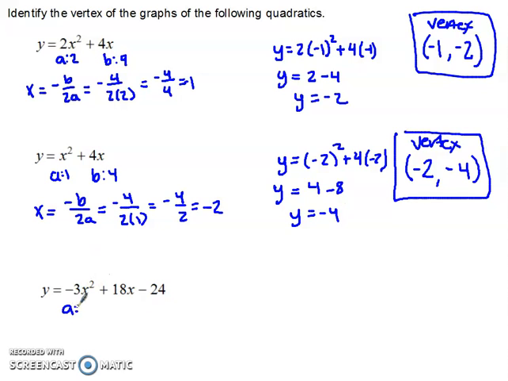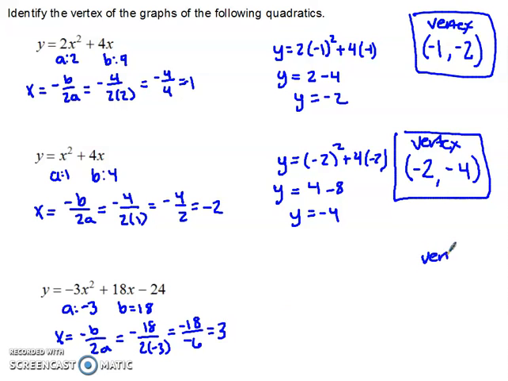Lastly, a is negative 3, b is 18. So x is equal to negative b over 2 times a, so negative 18 over 2 times negative 3. Negative 18 over negative 6, which divides to positive 3. So I know that my vertex has an x value of positive 3. Now I only need the y value, so I go back and plug it in.